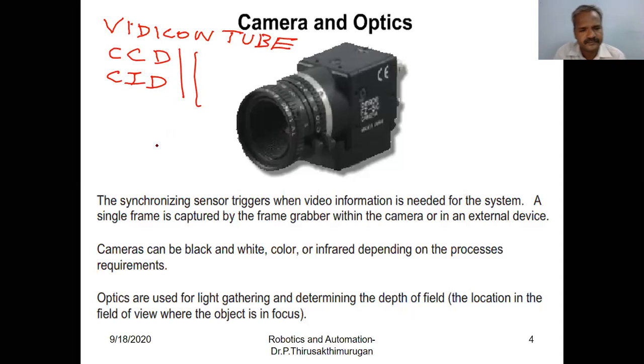The purpose of the camera and optics is to provide video information when needed by the system, triggered by synchronizing sensors. Cameras can be black and white, color, or infrared. Depending on the process requirement, we can equip accordingly. Optics are used for light gathering, mainly for focusing.